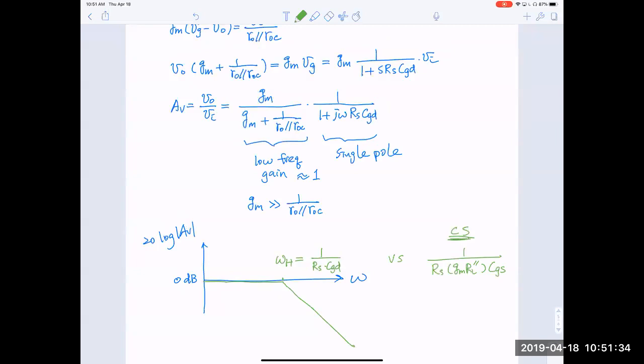So which one is larger? Which amplifier has higher frequency response? Anybody?